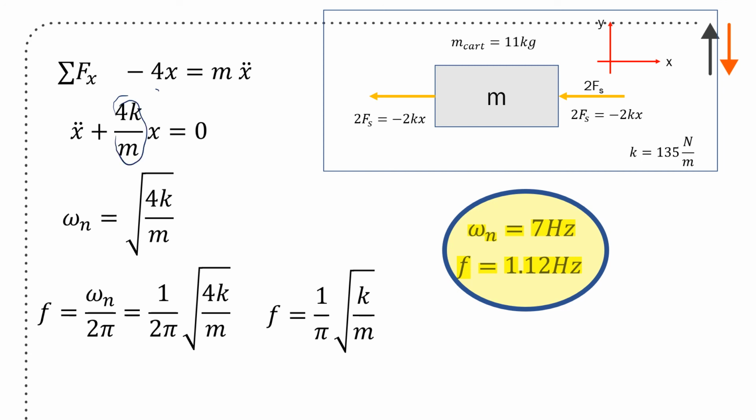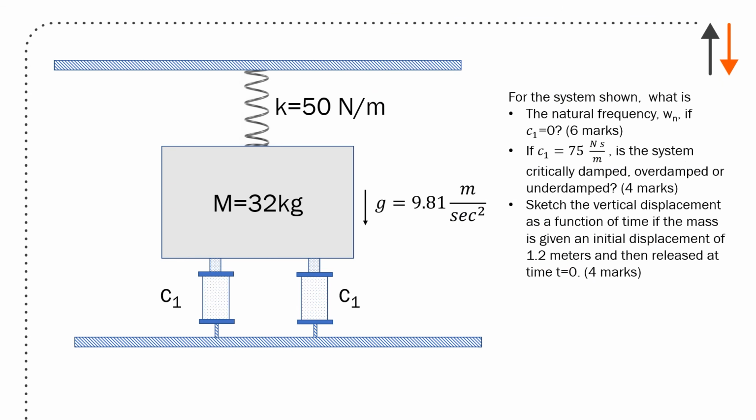This is my k over m term. It becomes 4k over m because that's the real spring constant for the system. And frequency of this is omega n over 2 pi, which is 1 over 2 pi times the square root of 4k over m. And so f is equal to 1 over pi times the square root of k over m, and I get 1.12 hertz.